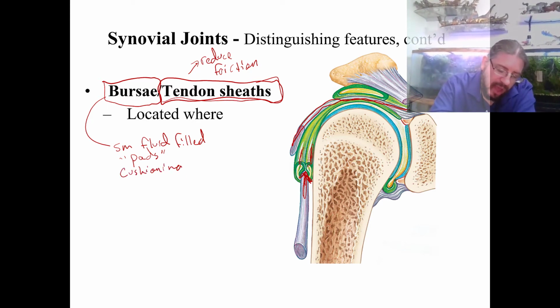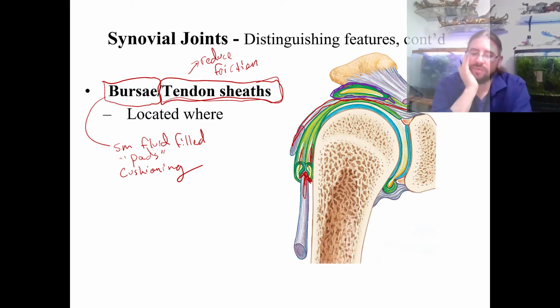So a big deal is the bursa between the patella and the knee joint. So here is our big, beautiful bursa right here, cushioning that patella so that it does not directly grind against the synovial joint. So bursa, very important.